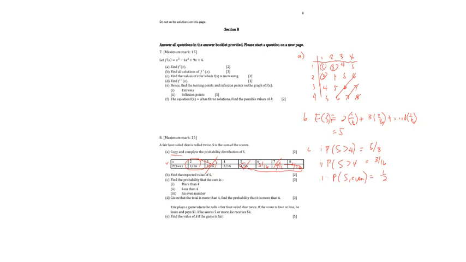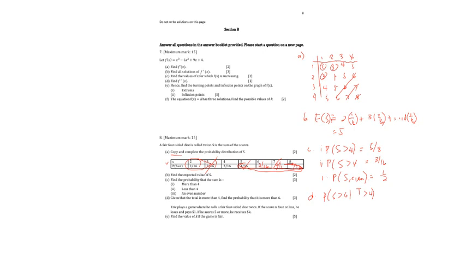Okay. For letter D, we have to find, given that the total is more than 4, the probability that it is more than 6. So probability that S is more than 6 given that the total is greater than 4. So the total is greater than 4. How many is it?